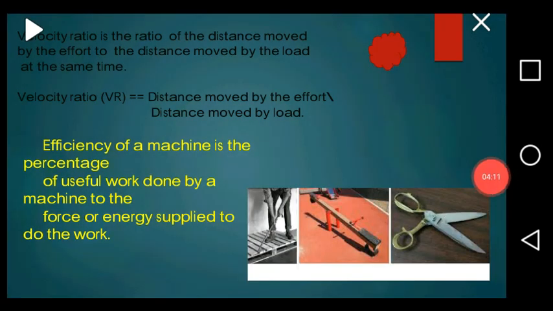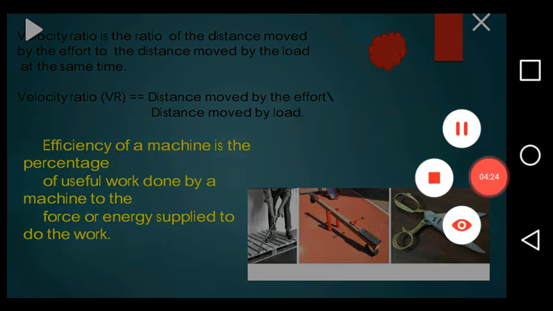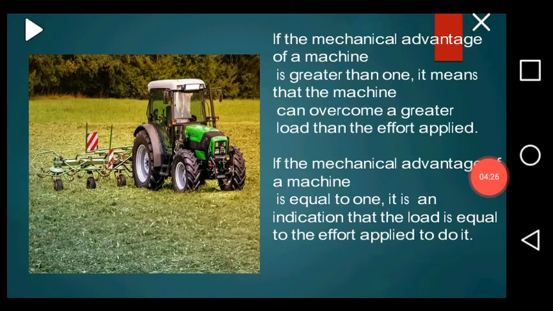Next is the efficiency of a machine. Efficiency of a machine is a percentage of useful work done by a machine to the force or energy supplied to do the work on the machine. Mathematically, efficiency of a machine is equal to the work output over the work input times 100 over 1.